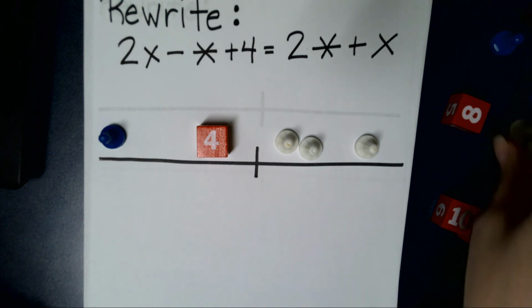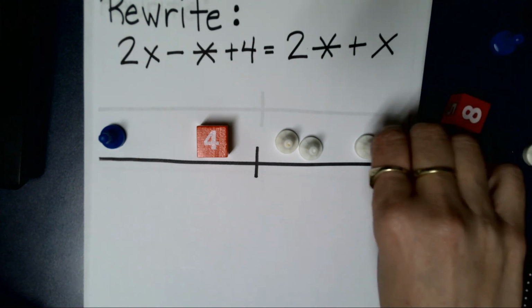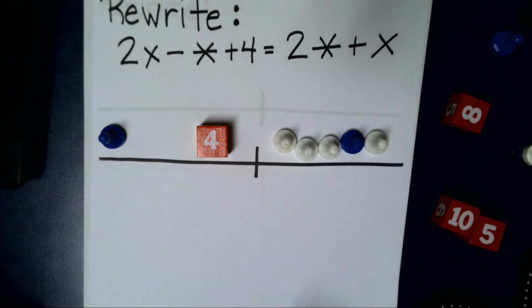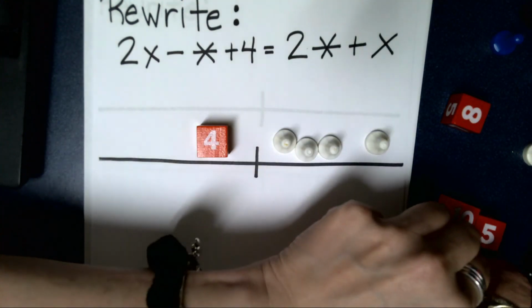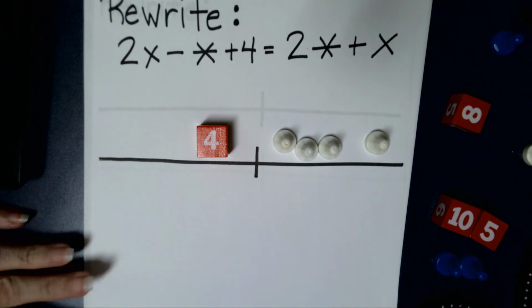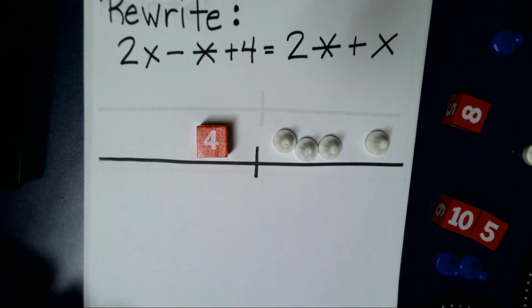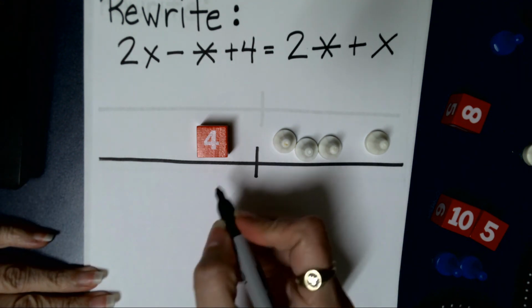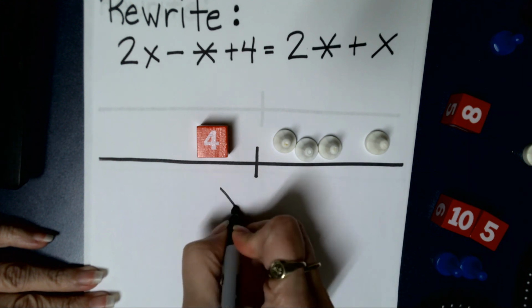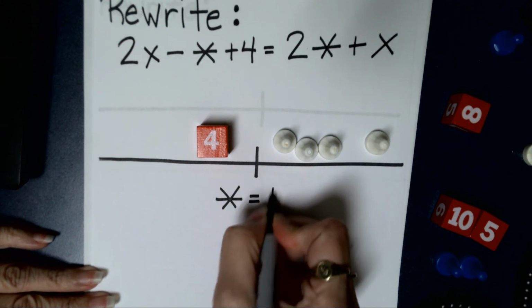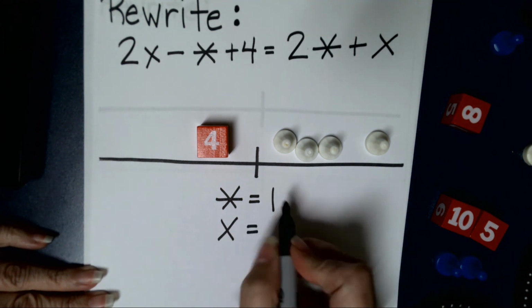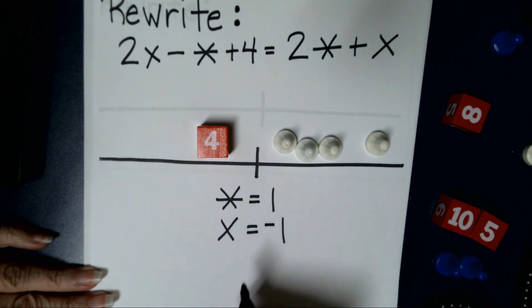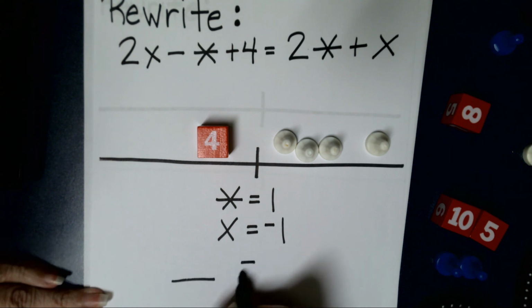I can do that again by adding another 0 pair over here to the right, and now I can remove the other pawn, and that leaves me with 4 stars equal 4. So 1 star equals 1, which means that x is equal to the opposite of 1, which is -1. And let's do our check.